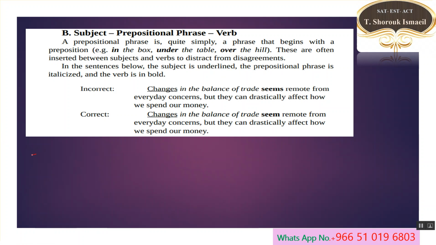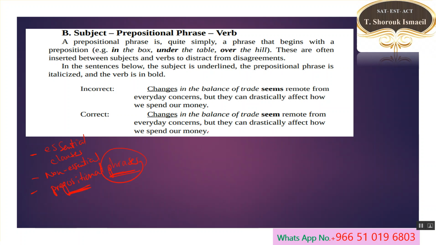So up until now, we talked about essential clauses as separators. We talked about non-essential clauses. Now we are talking about prepositional phrases. From its name, we say phrase and preposition.